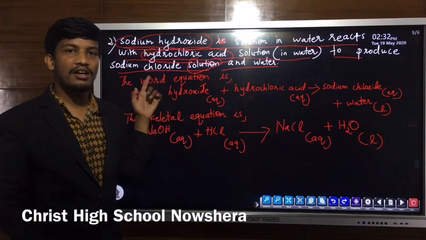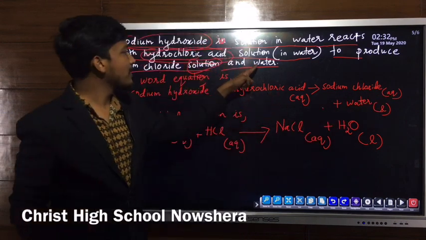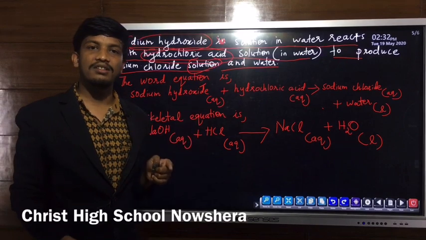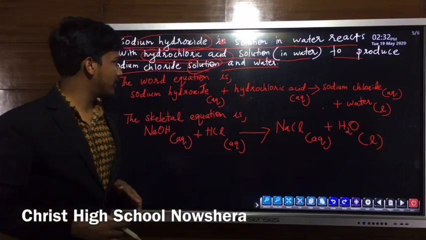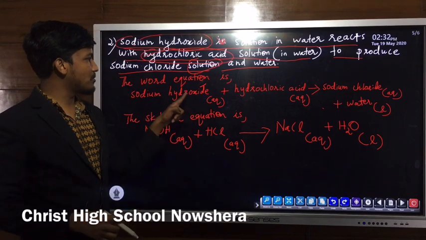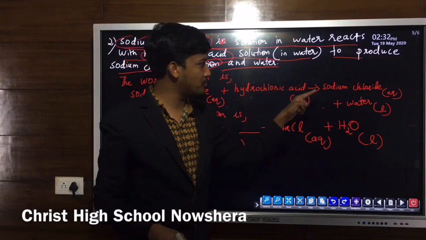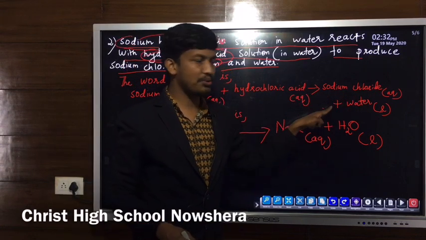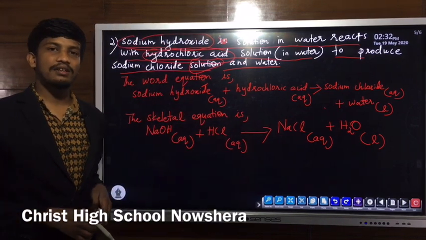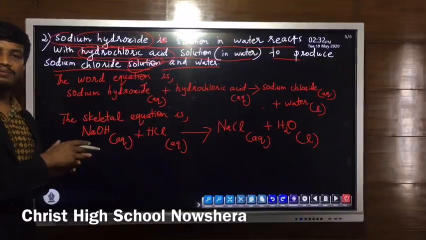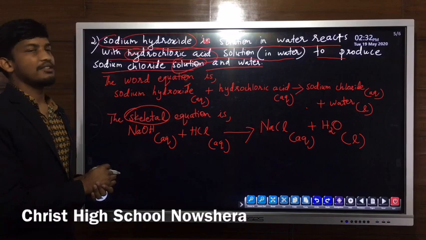Solution means aqueous solution. Plus the next one, water. The physical state of water is liquid, so small letter l. So we have aqueous solutions of sodium hydroxide and hydrochloric acid reacting to produce an aqueous solution of sodium chloride and water. This is the reaction.